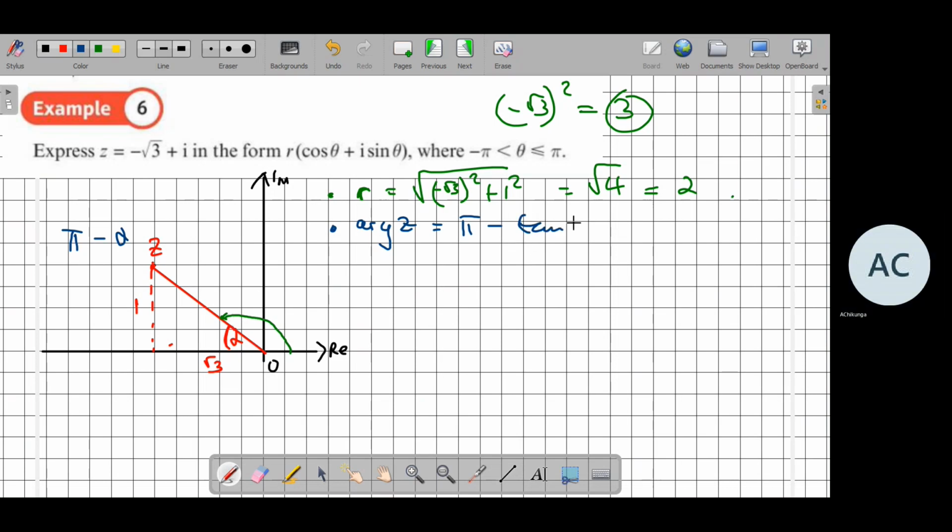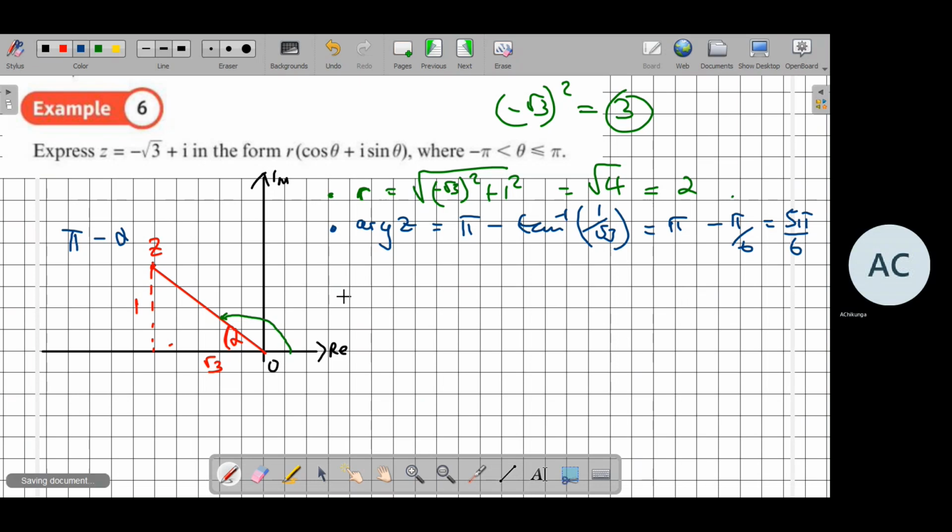Tan inverse of 1 over root 3. Yeah, that's it. That's a special angle, pi over 6. So this is actually equal to 5 pi over 6. You see that? So the argument of z is 5 pi over 6.